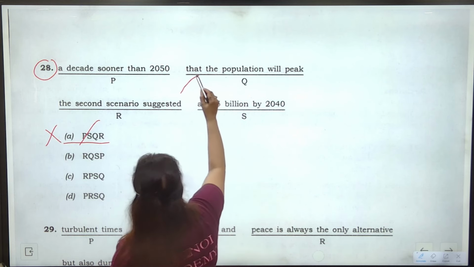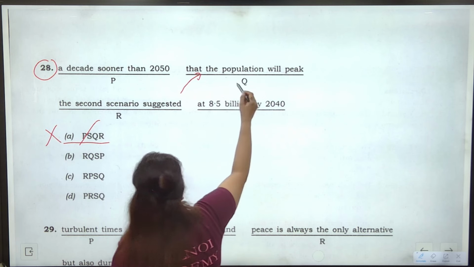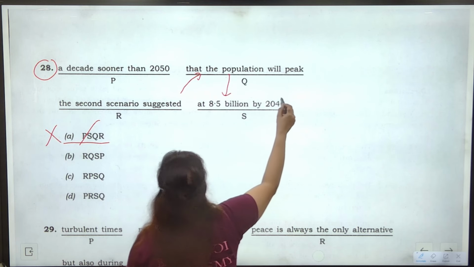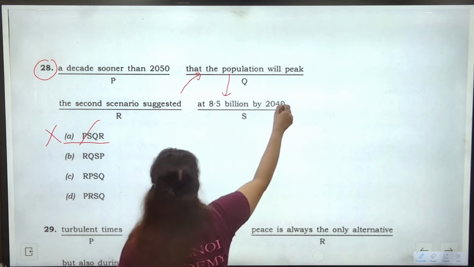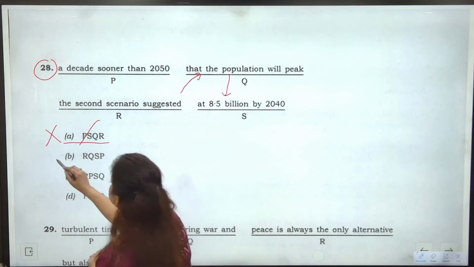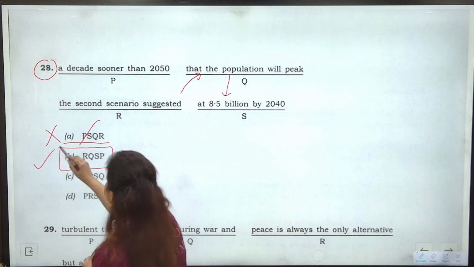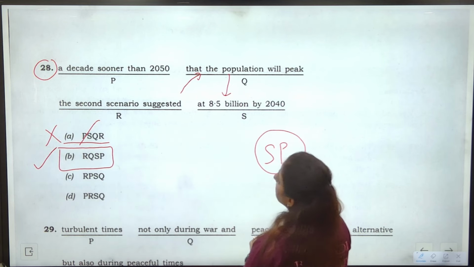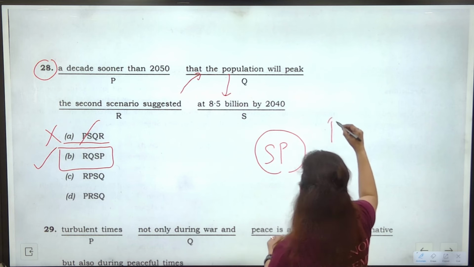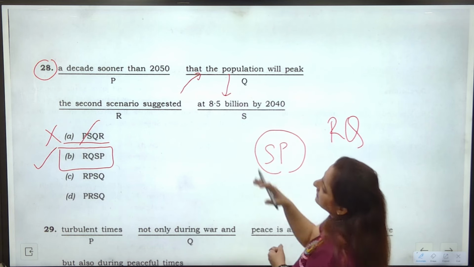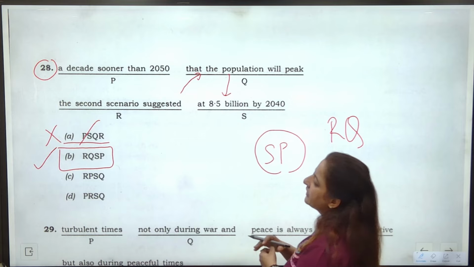Suggested that the population will peak at 8.5 billion by 2040, a decade sooner. So 2040 is a decade sooner than 2050, it makes complete sense. The answer is Bravo. SP is a pair over here, and RQ is also a pair. 2040 is 10 years before 2050.